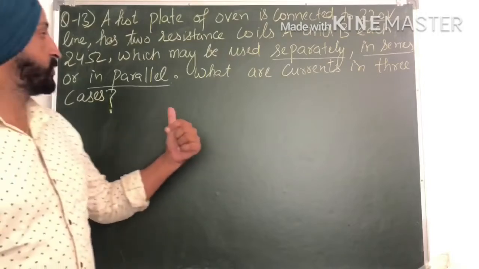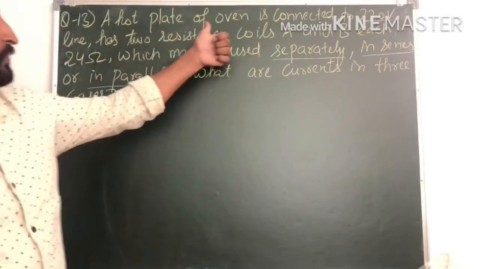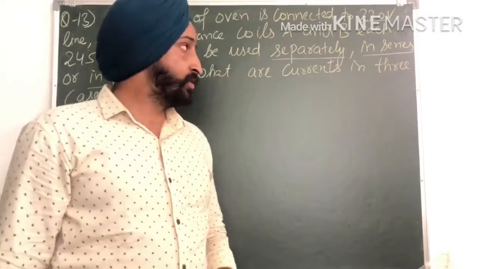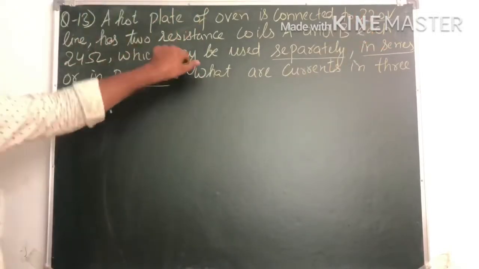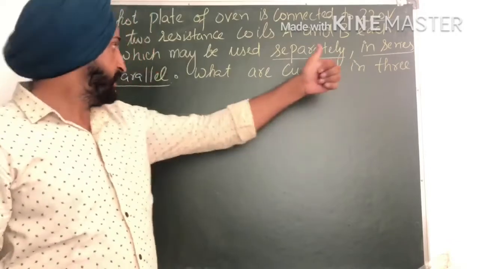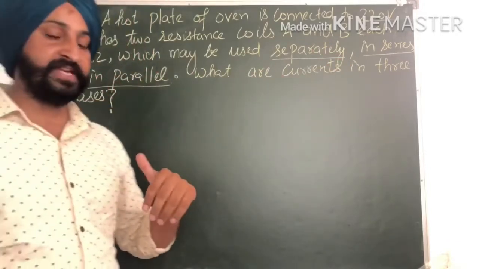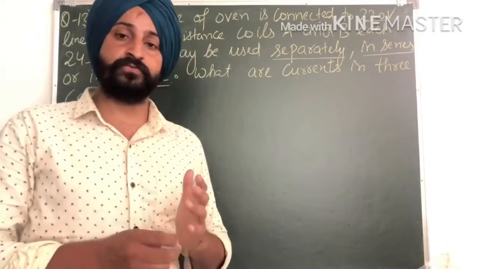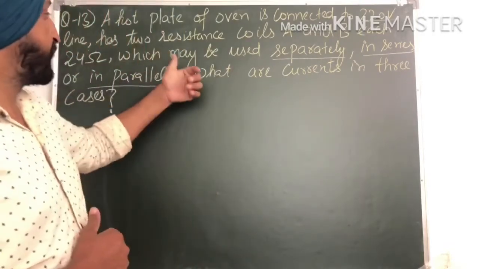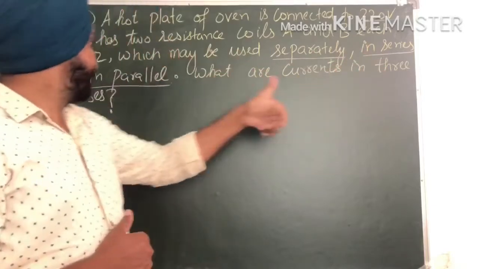So here is our question number 13. A hot plate of an oven is connected to 220 volt. It has two resistance coils A and B, each of 24 ohm. Now these can be used separately, in series and in parallel.